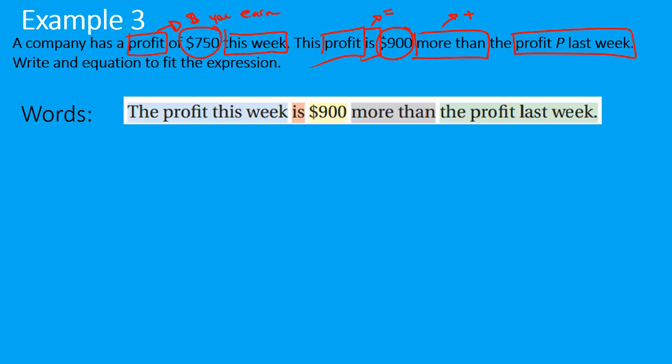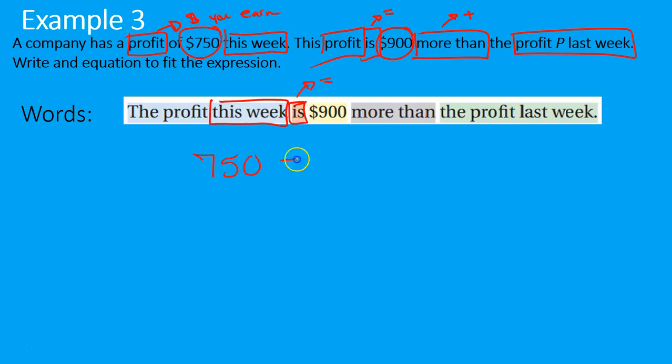Well, let's look for our key words. We have this week. Now look at what we wrote up here. A company has a profit of $750 this week. Well, the profit this week, so that's $750. Is, that was our other keyword. Is, again, means equals.